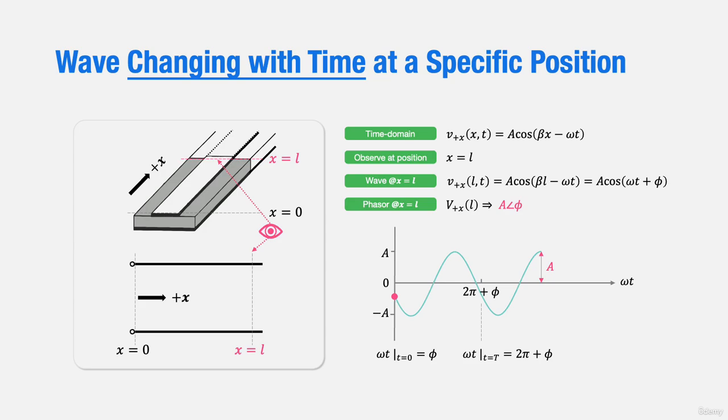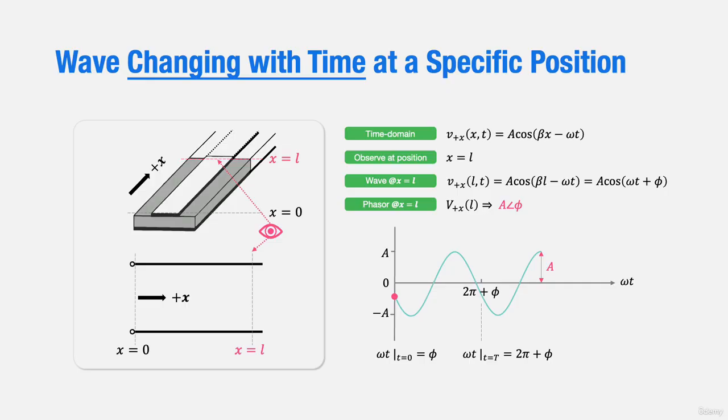The phasor of the wave is A with an angle phi, which means that the voltage wave at the position x equals L has a starting point of A cosine phi in time.